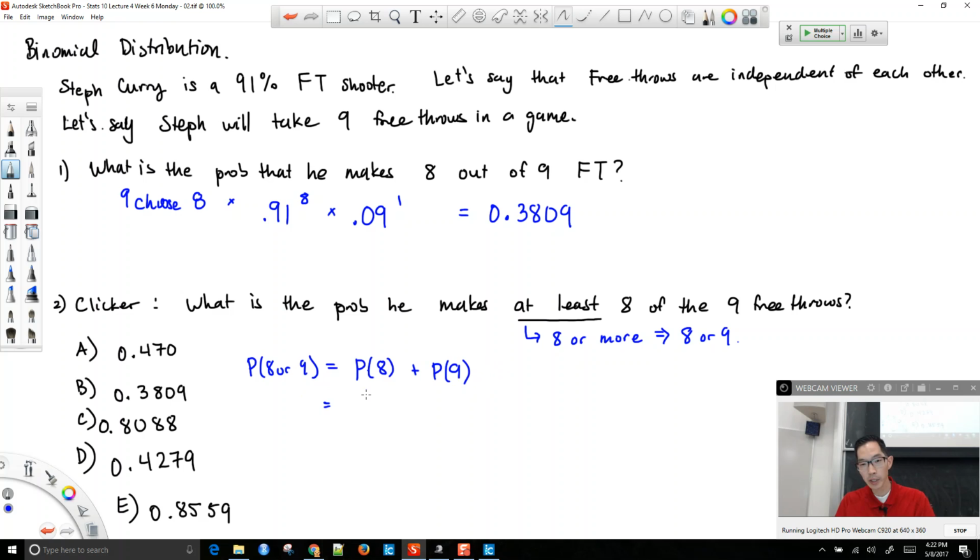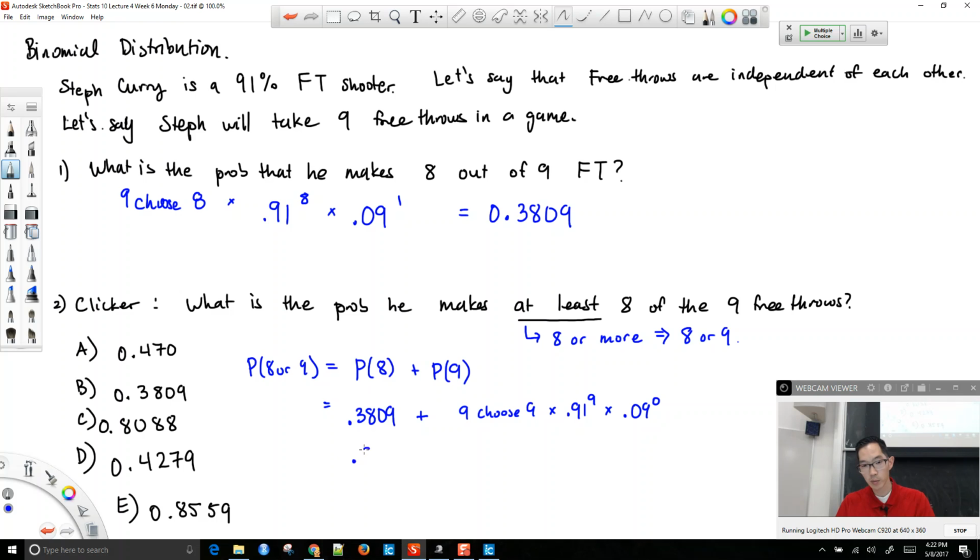Okay, we calculated the first part already. Probability of getting 8 out of the 9 free throws, we found this to be 0.3809. And the probability of getting 9 out of 9 free throws will be 9 choose 9 times 0.91 to the 9 times 0.09 to the 0.